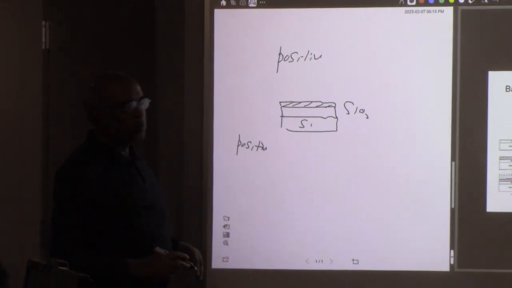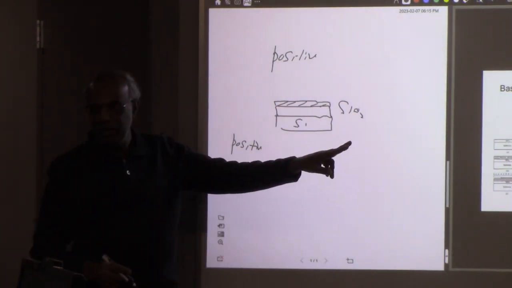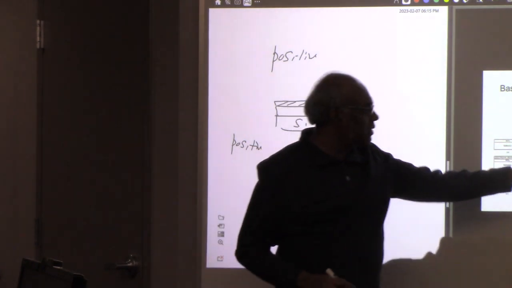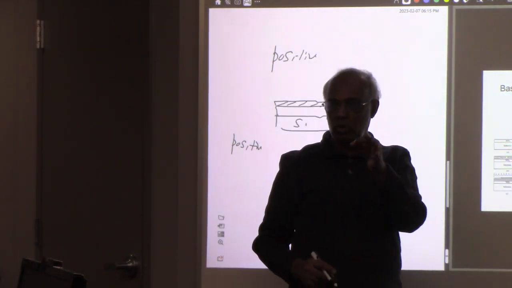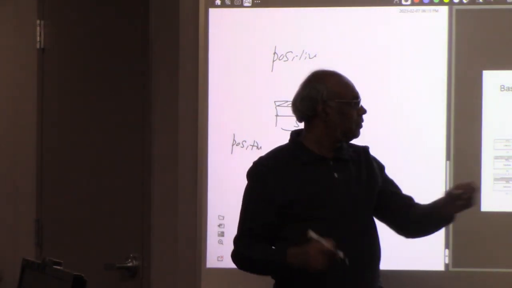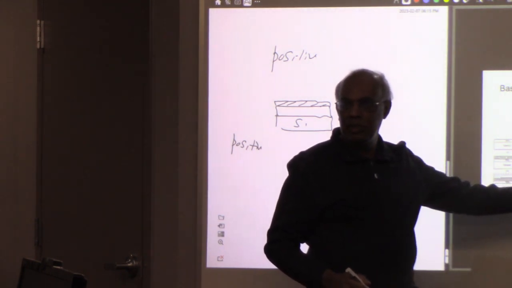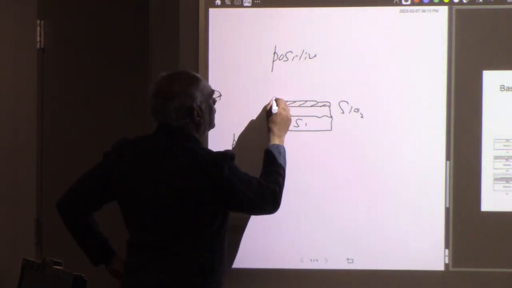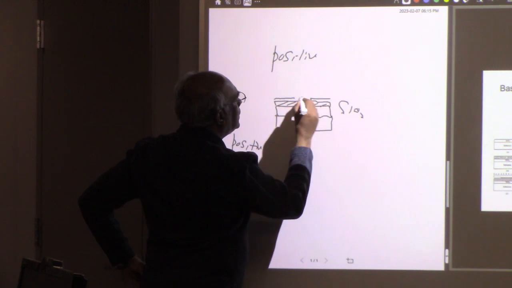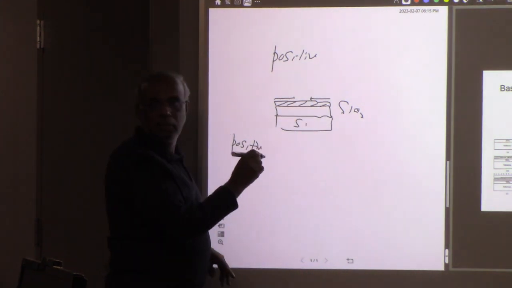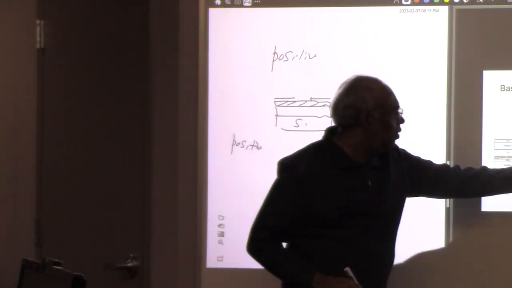Now I expose it, because I have a pattern, right? For that pattern we make something called a photo mask. That mask has this shape here, right? If I keep that mask here, this is the open area.